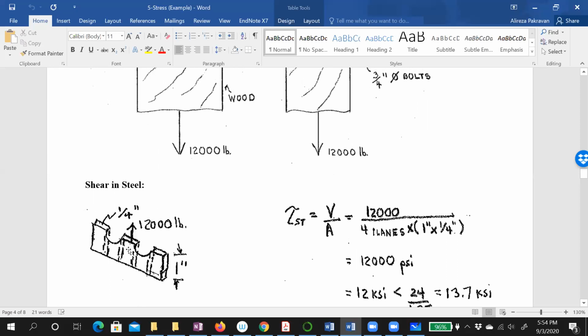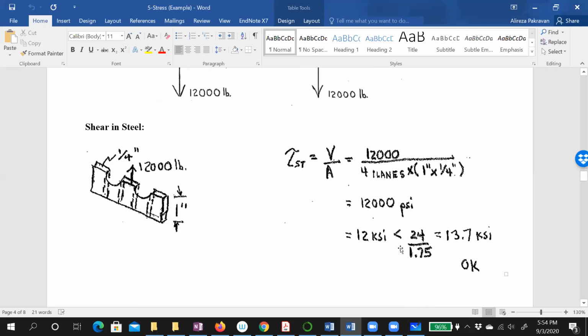That is the definition of shear stress. This force is parallel to these areas. So we have 4 planes, 4 areas. Each one is 1 times 1/4, and 12,000 is the force. Therefore, the shear stress would be 12,000 psi or 12 ksi.